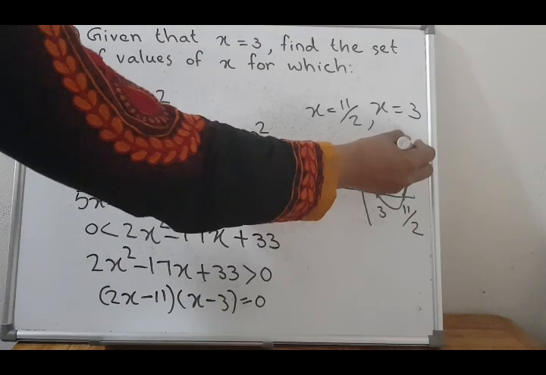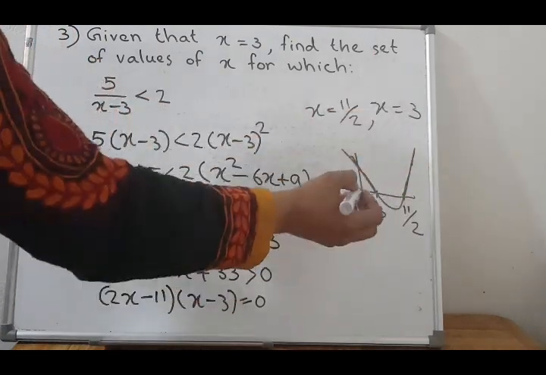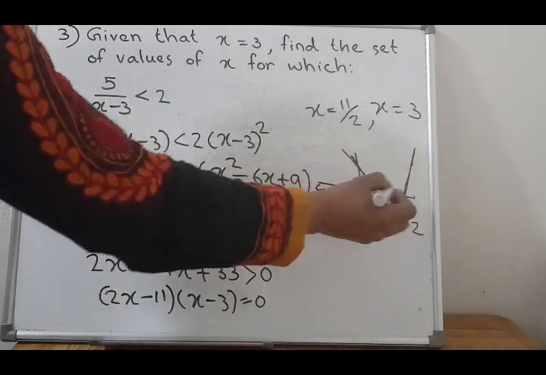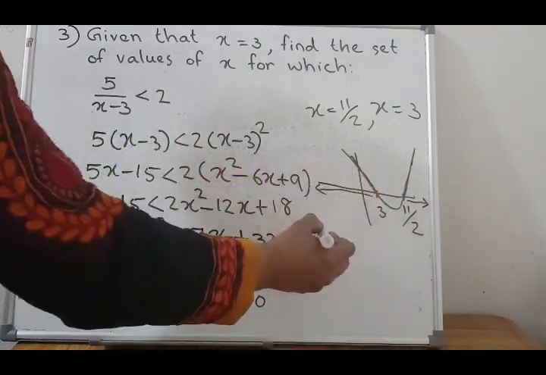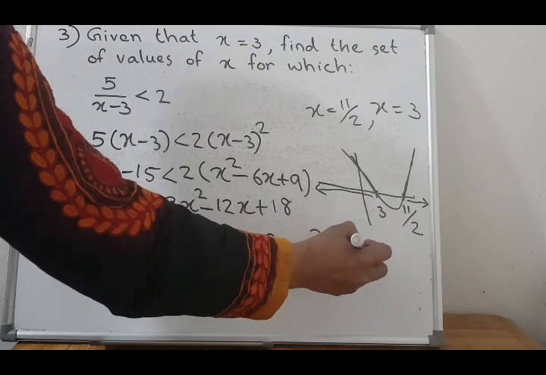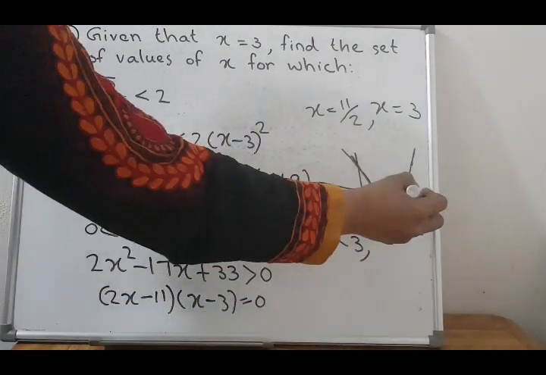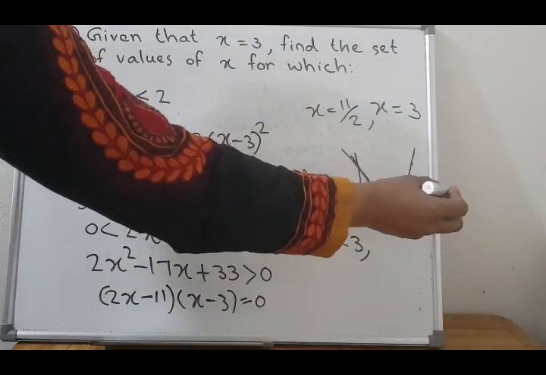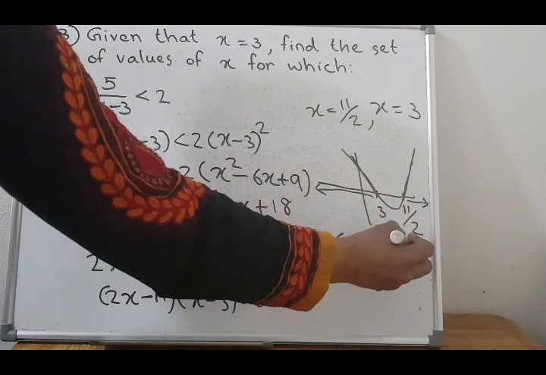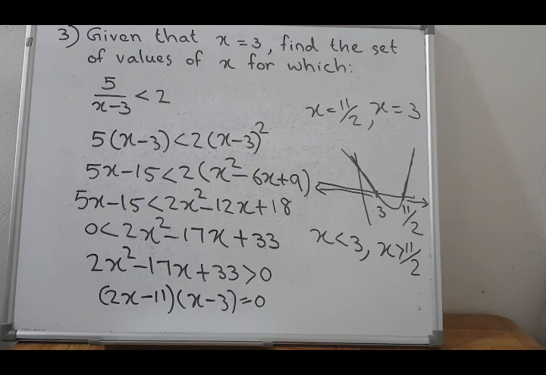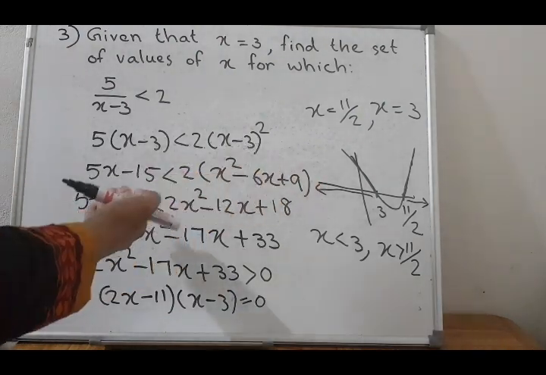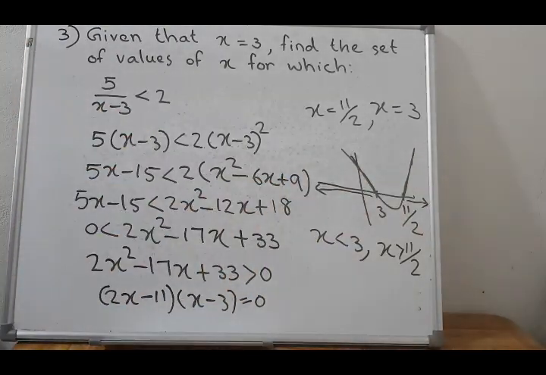This part, the tails, that is above the x-axis. So this side and this side. The x values corresponding to this side are x less than 3. The x values corresponding to this side are x greater than 11 by 2. See, x less than 3, x greater than 11 by 2.